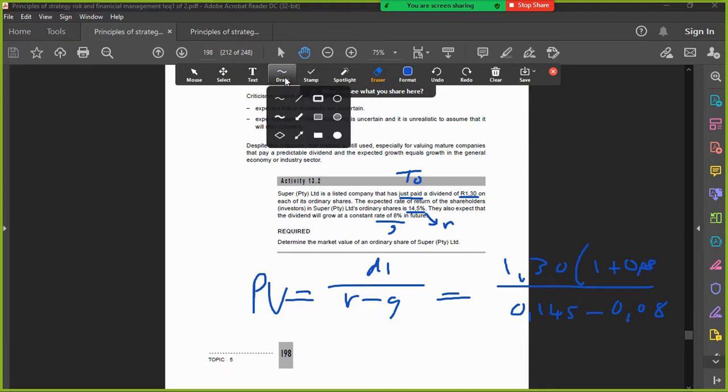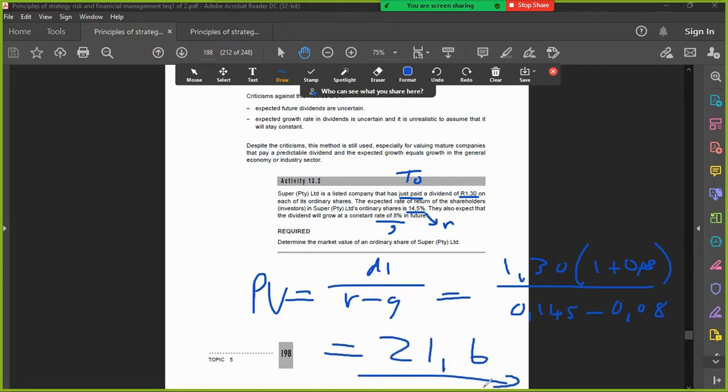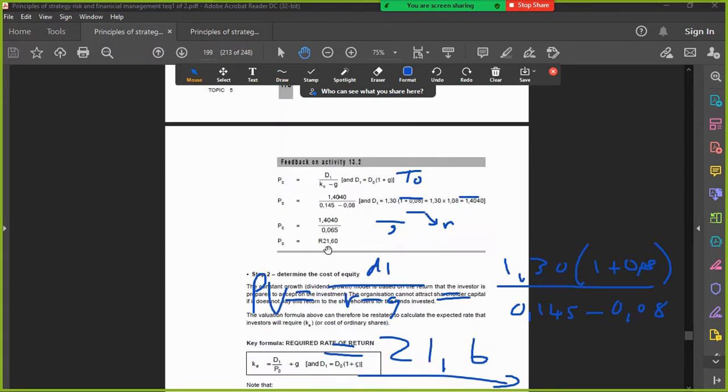On my calculator: open brackets, 1.3 times 1.08, close brackets, divide by open brackets, 0.145 minus 0.08, close bracket, equals. I get 21.6. And that should be the same as the textbook. Yes, it is.